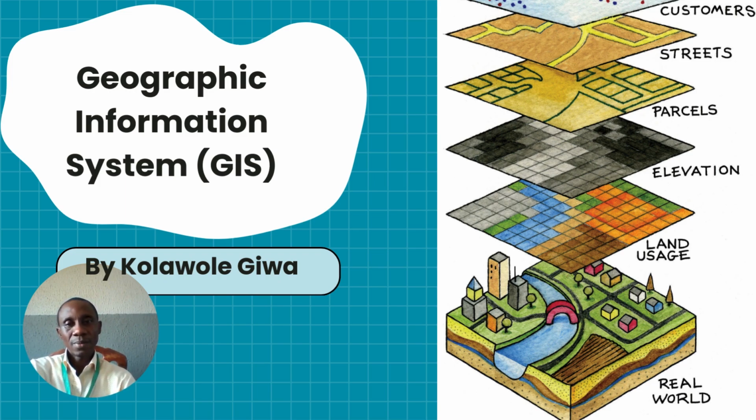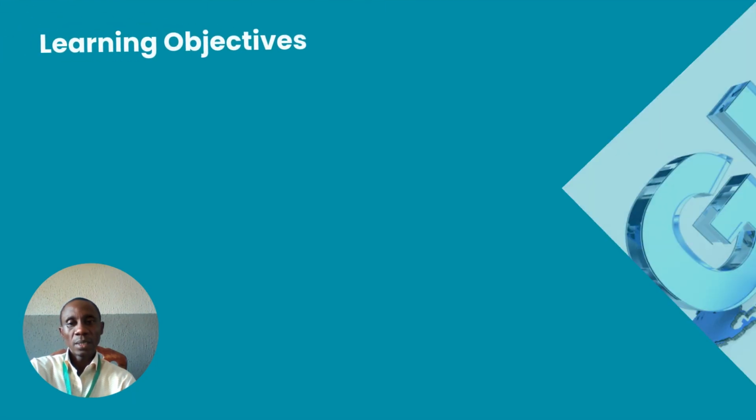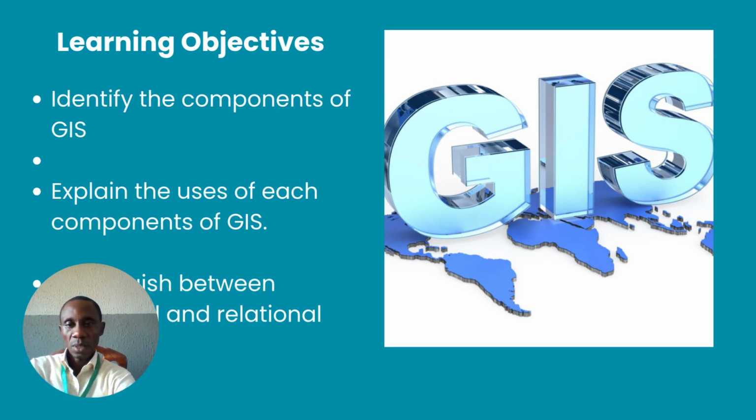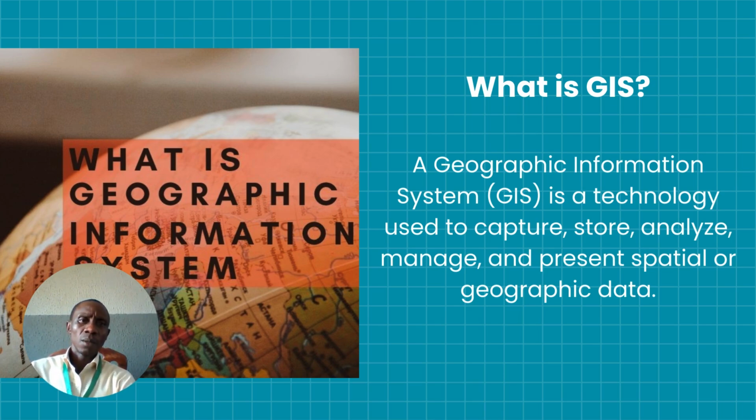The learning objectives for this presentation will be identifying the components of Geographic Information System (GIS), being able to explain the uses of each component of GIS, and distinguishing between positional and relational data. So let's begin. What is GIS?